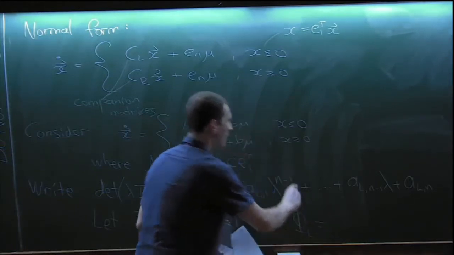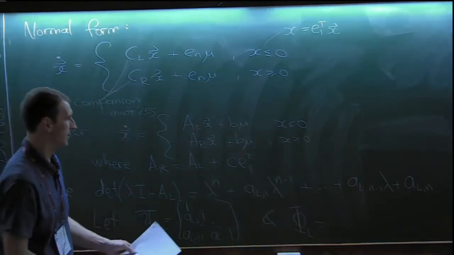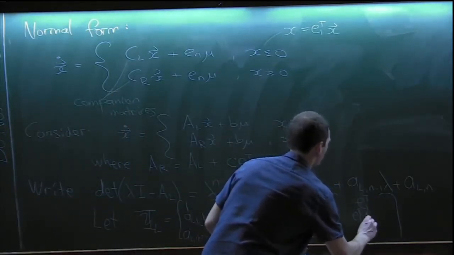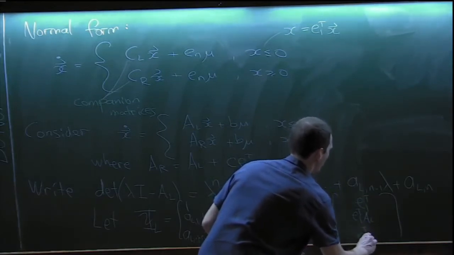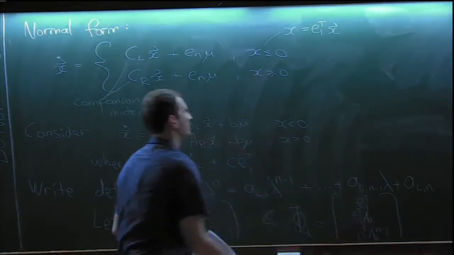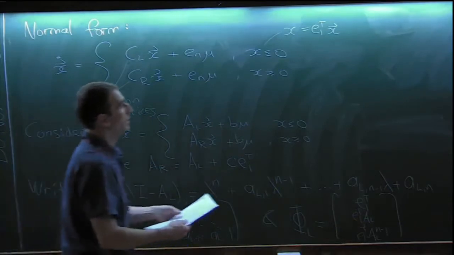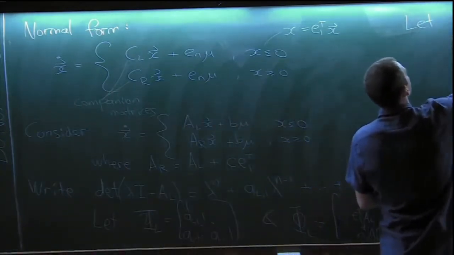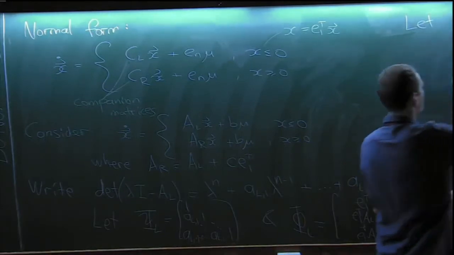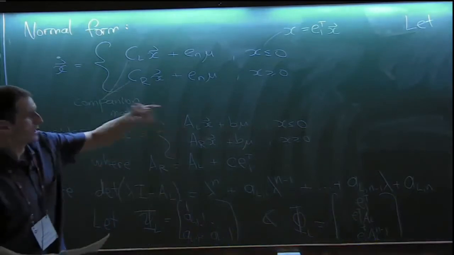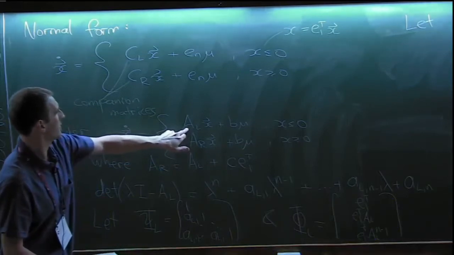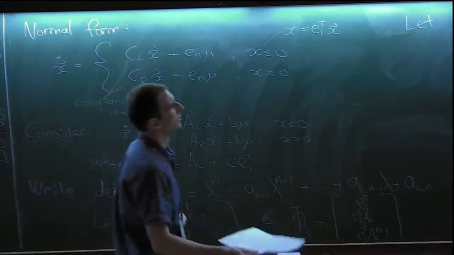And then we also have the same observability matrix that we had yesterday: E1 transpose, E1 transpose AL. Okay, so multiply those two together, and that's the matrix Q that we're going to use as our similarity transform to get from AL to CL.